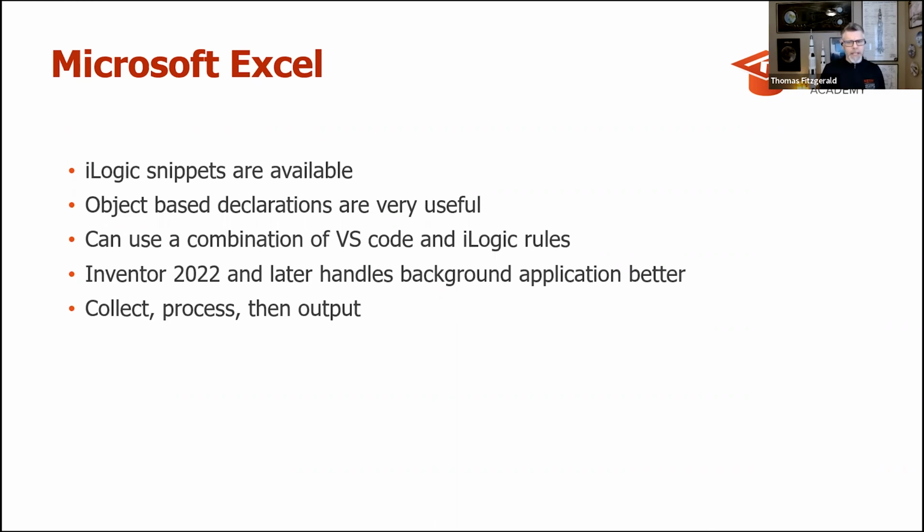In versions previous to 2022, I have found that if you go and access an Excel spreadsheet and you don't explicitly close the Excel spreadsheet, it stays open in memory in the background. So if you go and access Excel, collect some information, and then close Inventor or close that rule, and then another rule goes and fires and accesses that exact same Excel spreadsheet, it's going to open up another instance in memory of that Excel spreadsheet.